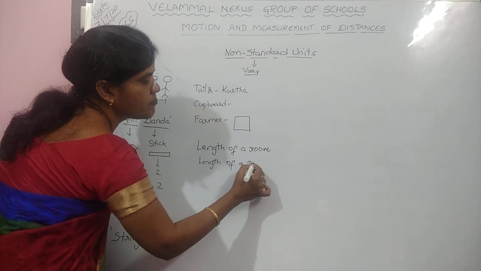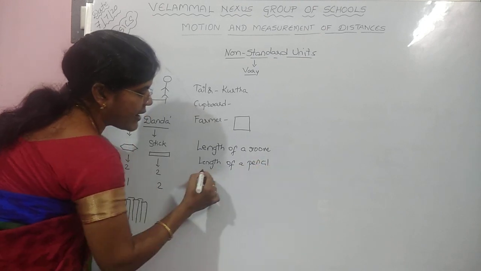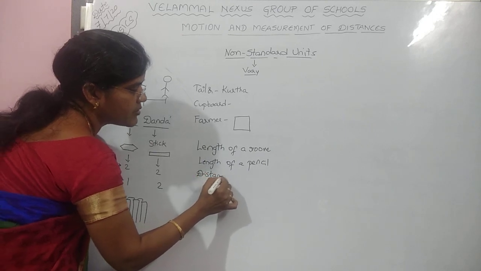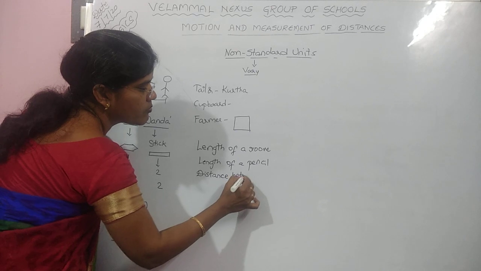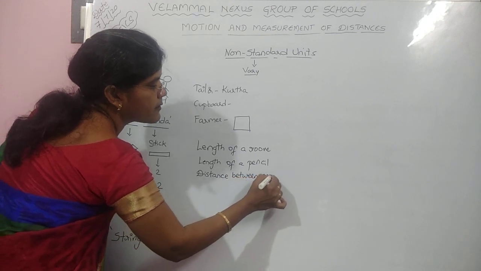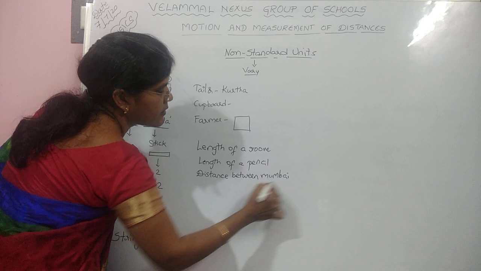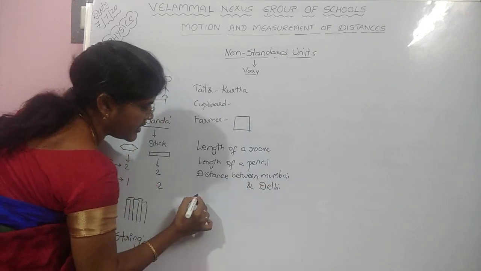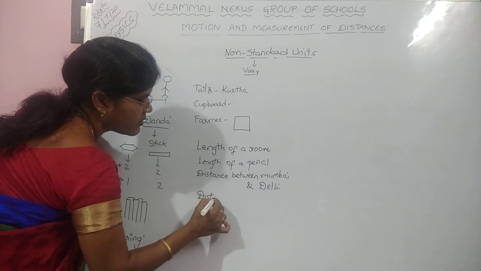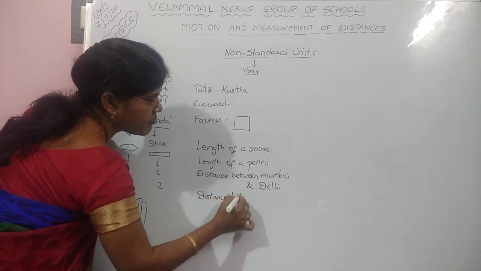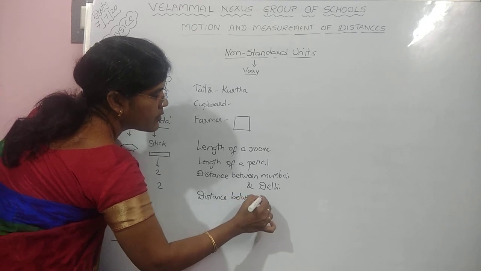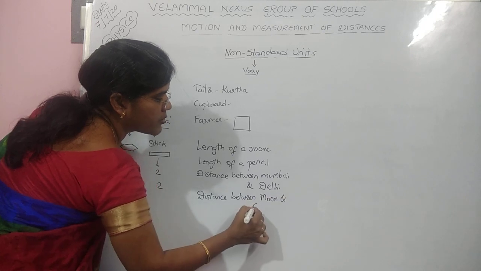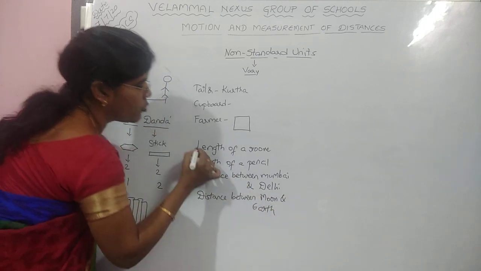Distance between Mumbai and Delhi. Distance between Moon and Earth. You see, what is the common point you can observe in all these four things?